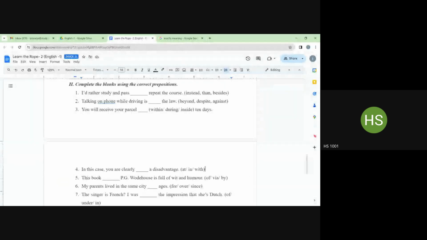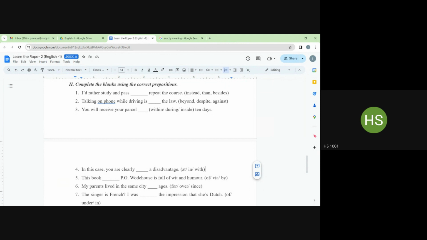Thank you. So the basic function is to show relationships of various nouns that are used in the sentence. Just like articles, prepositions show relationships between the various nouns used in the sentence.